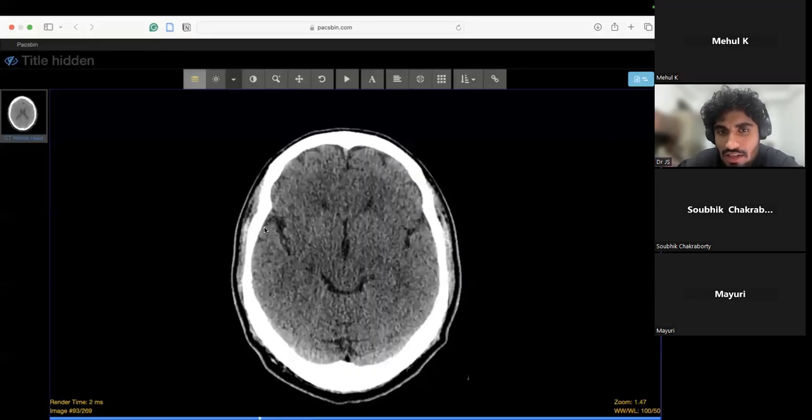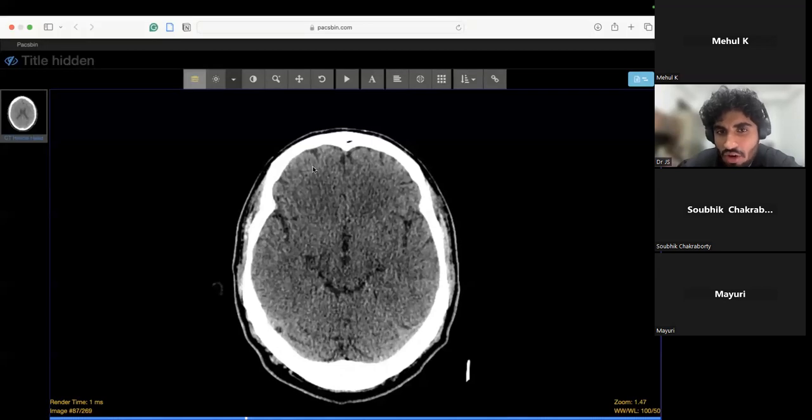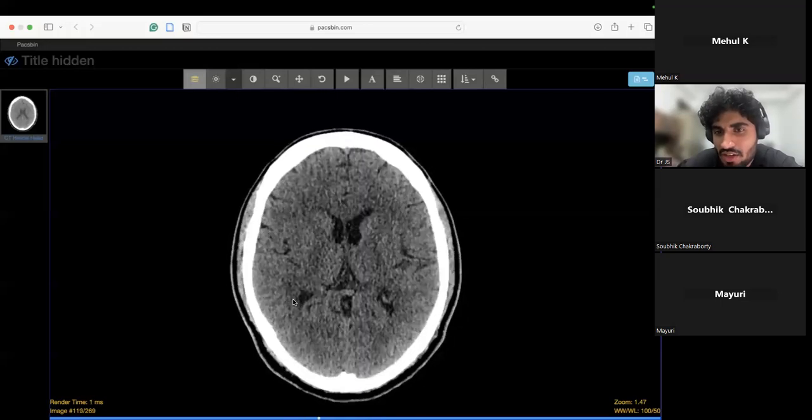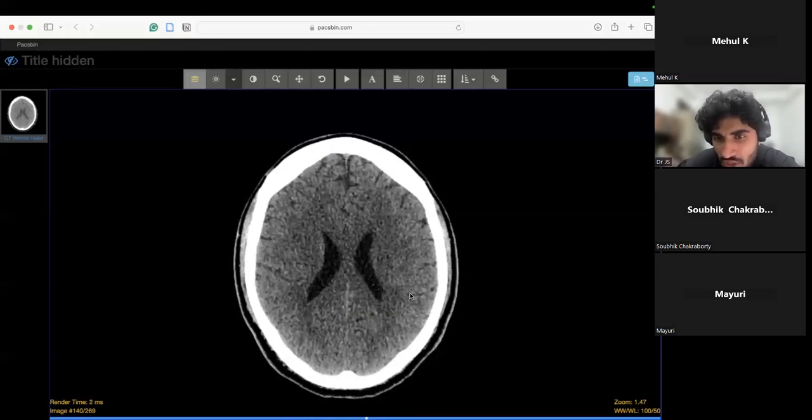Frontal is anterior to the Sylvian fissure. Then frontal bleed, then temporal part, then parietal will be above that. Once you don't see any Sylvian fissure, you see this part, and this is the parietal part here. Based on that you describe. There are always landmarks, usually bony or certain structures.